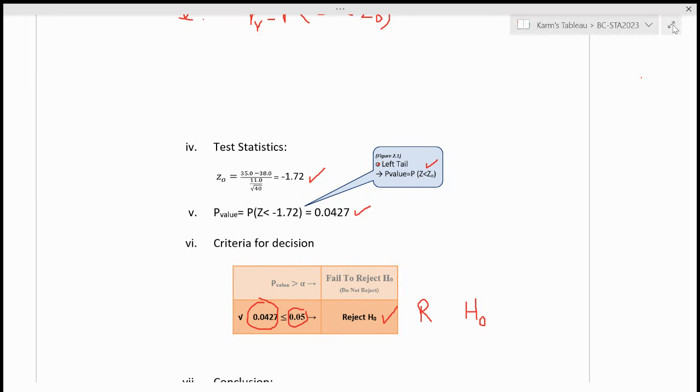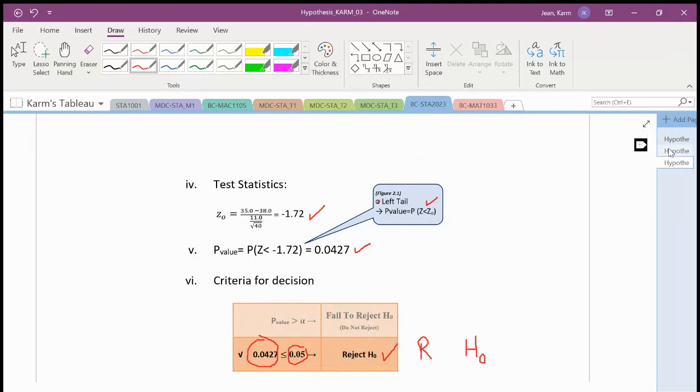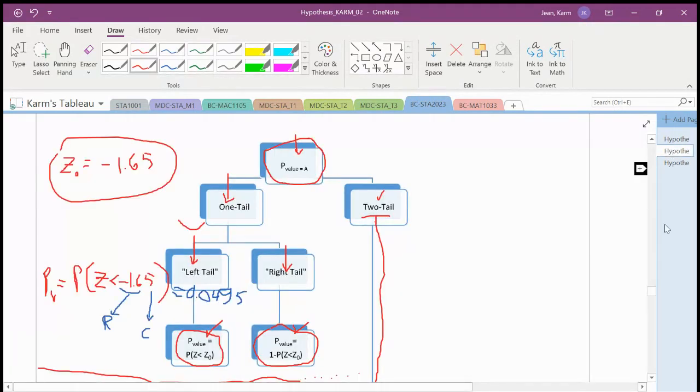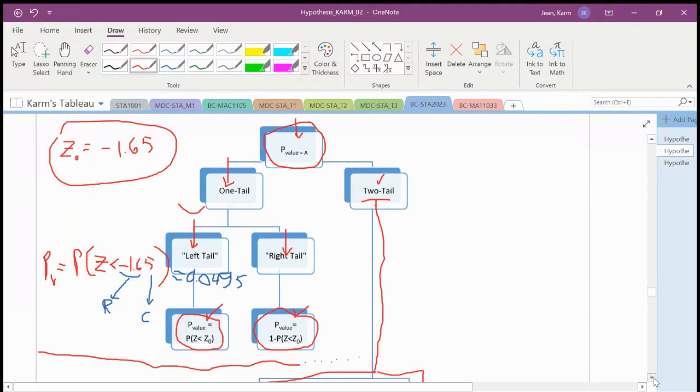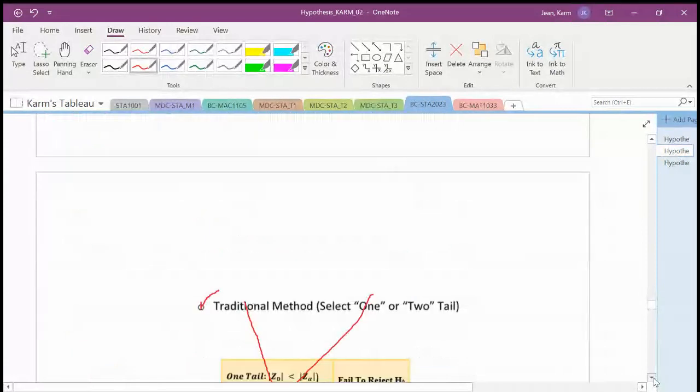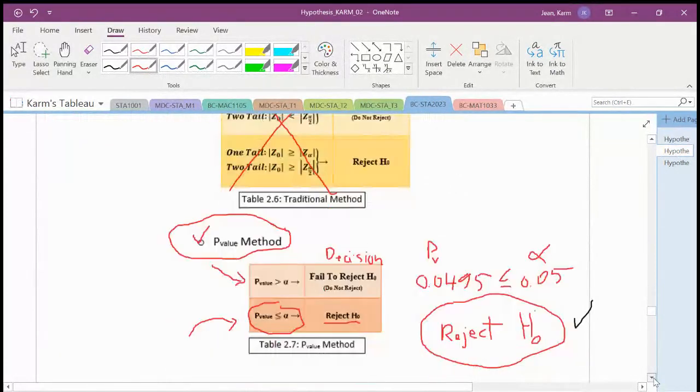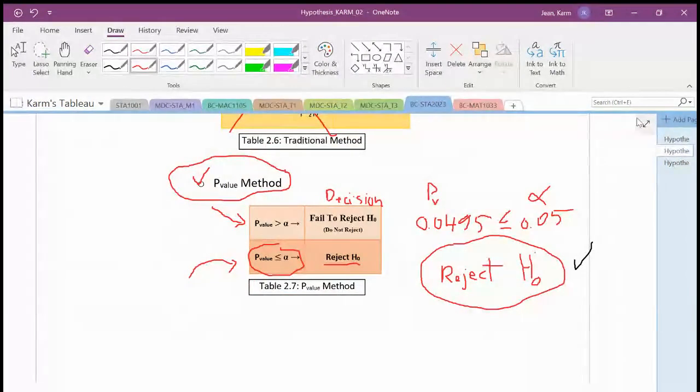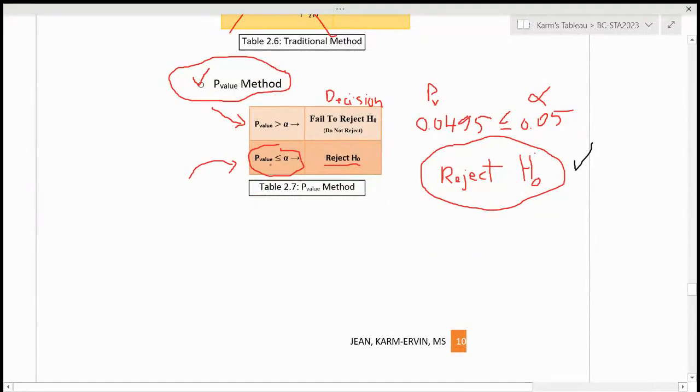Let me just remind you from last class what we did, the formula for that. It is right here. If the p-value is less than alpha, you're going to reject H0.